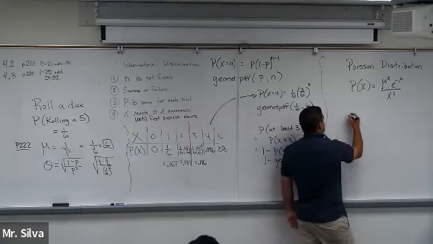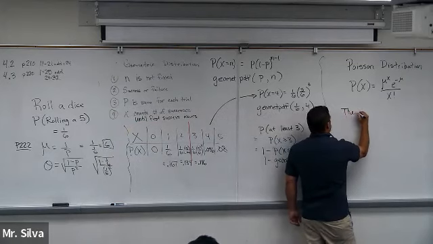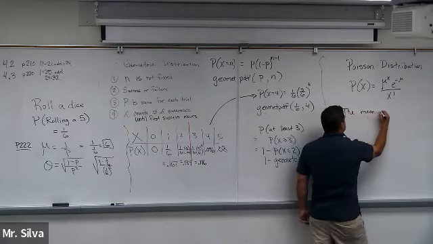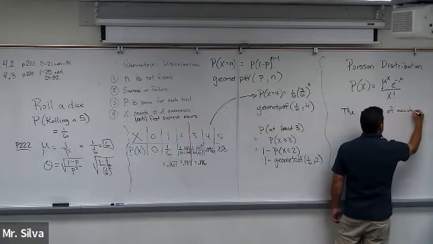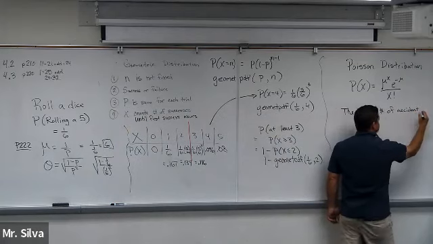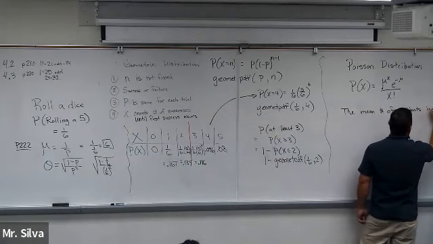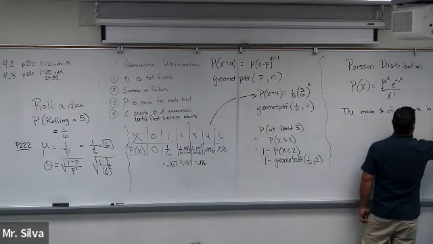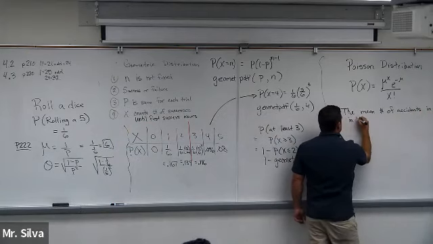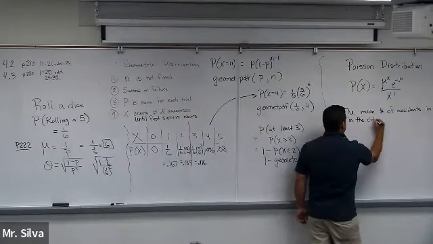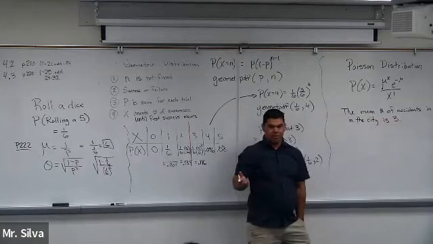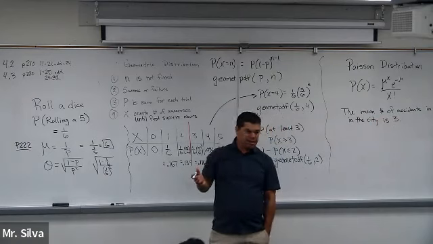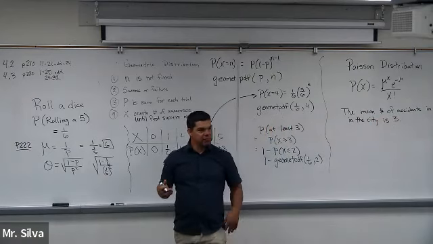So let's say the mean number of accidents in a day in the city, I don't know, I hear sirens all the time, is 3. We average about 3 car accidents per day in the city. Does that make sense? Okay, we can apply this.